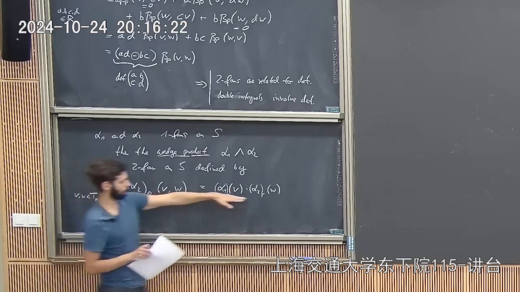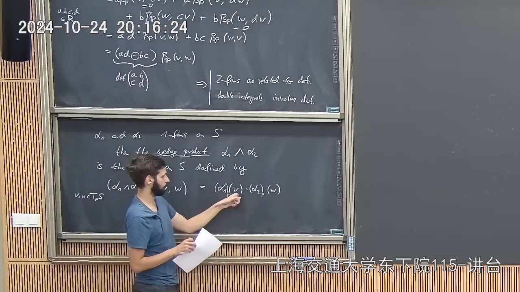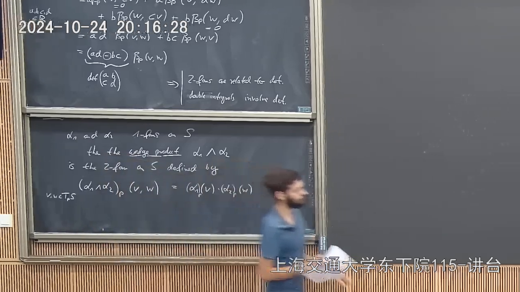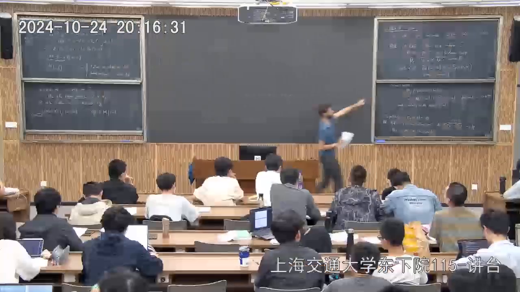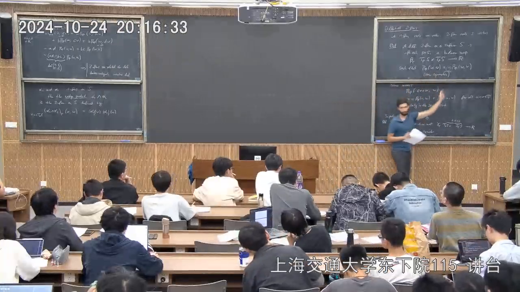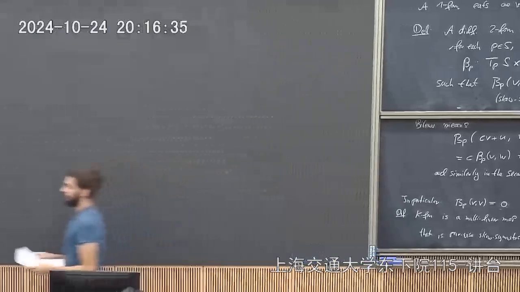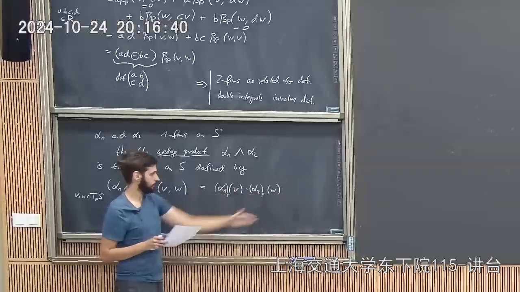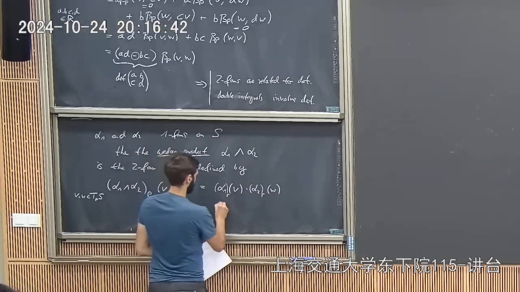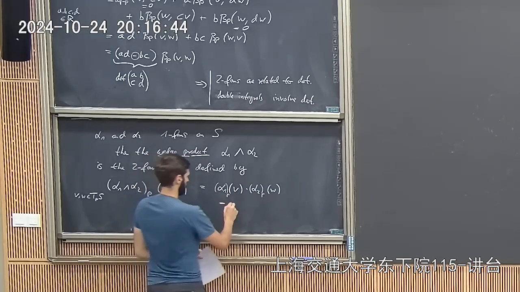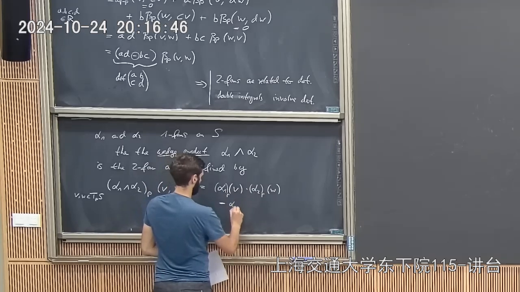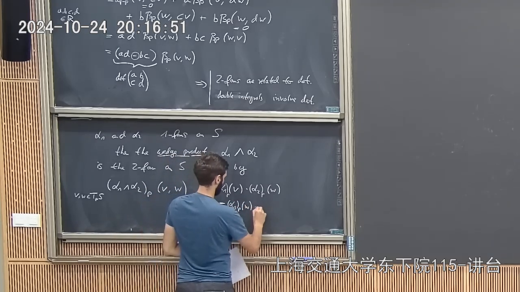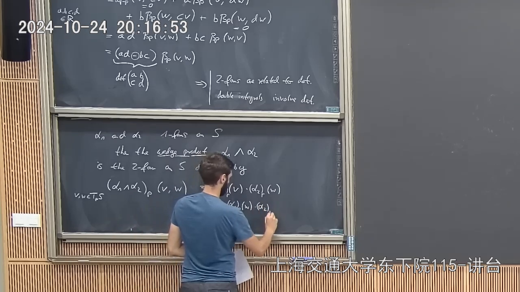The problem is that this expression is not antisymmetric in V and W. We had this property here, that if you interchange the two vectors, you get minus the answer. But this expression doesn't necessarily satisfy this. So what we do is we just force this antisymmetry by changing the roles and plugging in the vectors in a different order as well.